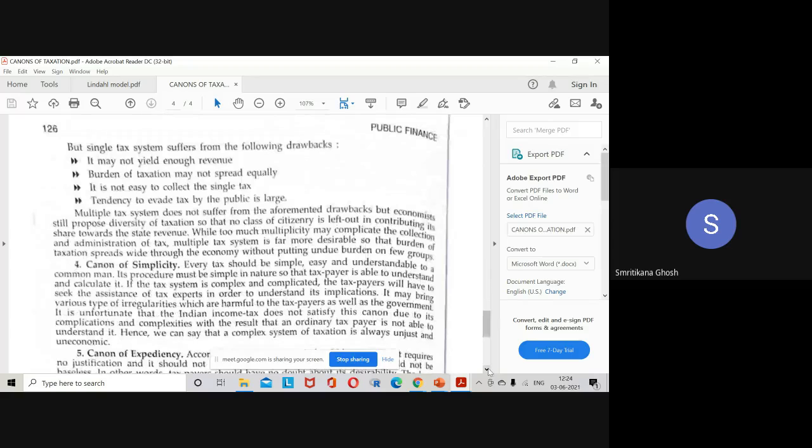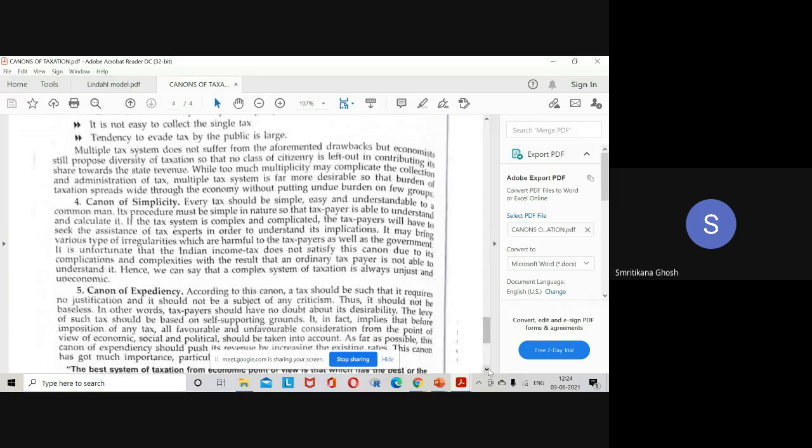Okay? The canon of simplicity. Canon of simplicity means everyone can understand. It is very easy to calculate. That should be there, and that is what is done in India also. In India, the sales tax initially was very complex. Now through GST they are trying to simplify it so that everyone can understand what the tax is, and everyone is informed what the tax rate is.